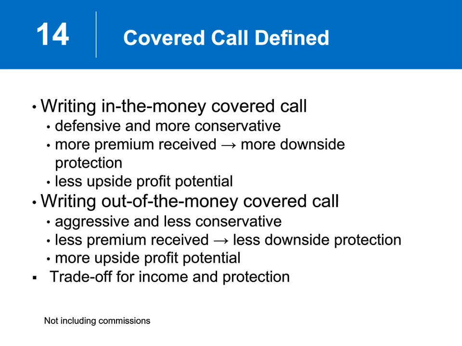So the value of that option would have to be at least $5 plus whatever time premium. So we would have some fairly significant downside protection when it comes to a covered call $5 in the money.